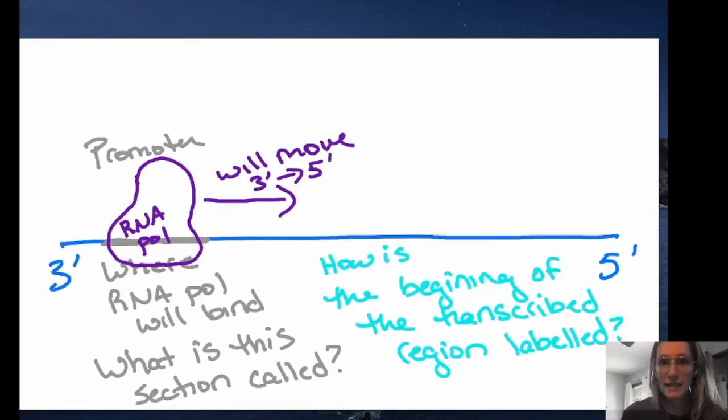What do we use to designate that? It's indicated by a +1. And remember that anything upstream of that +1, or anything before that +1 is upstream, anything after is downstream. So it's indicated by a +1, and then downstream from that +1, we have our transcribed region.